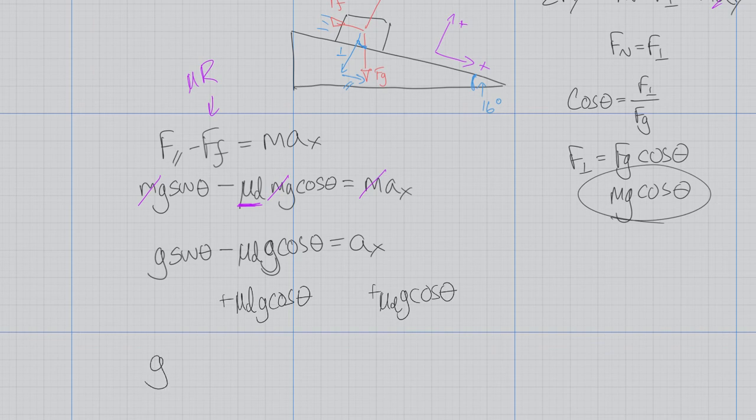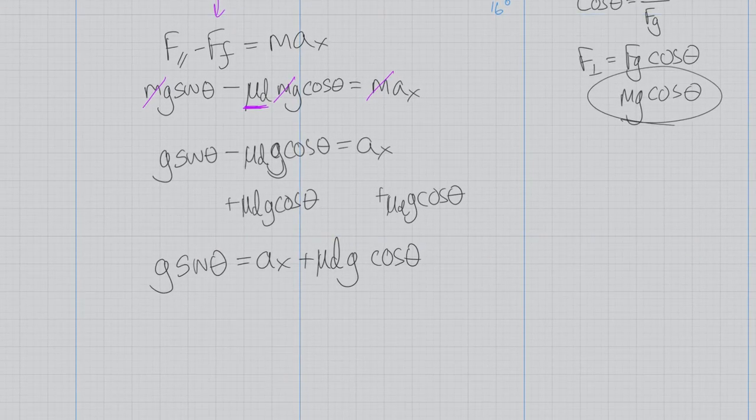And in doing so, I'd get g sine theta equals ax plus mu d g cosine theta. Now, there are faster algebraic ways to get this, but I'm just showing you the long way so we can understand what we need to do. Each side I'm going to subtract ax, and I would get g sine theta minus acceleration in the x equals coefficient of dynamic friction times g cosine theta.